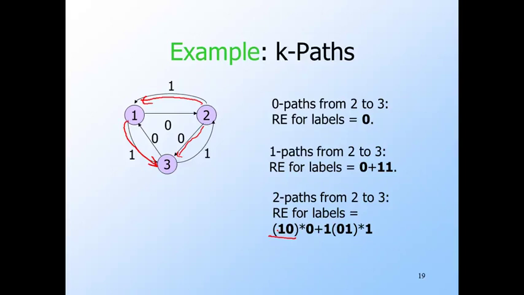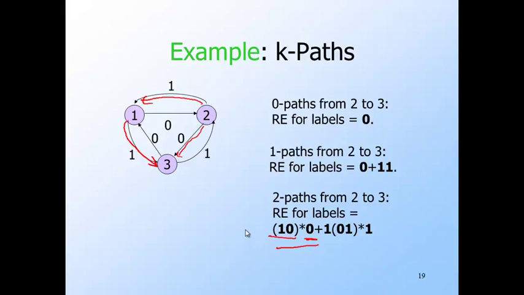After oscillating as many times as we wish and winding up in state 2, we can then follow the 0 arc to 3. That's that part of the regular expression. These paths from state 2 to state 3 are described by the regular expression (10)*0. That's this whole part.